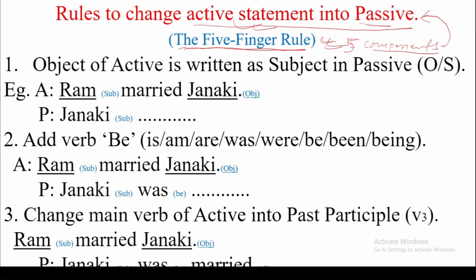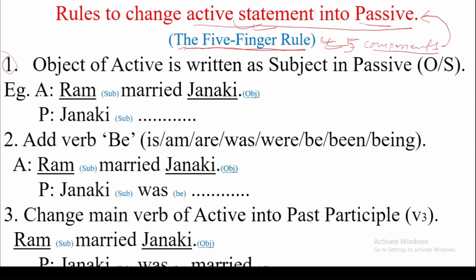So that is the 5-finger rule. So let's talk about each one. The first rule is: object of active is written as subject in passive, means object into subject.